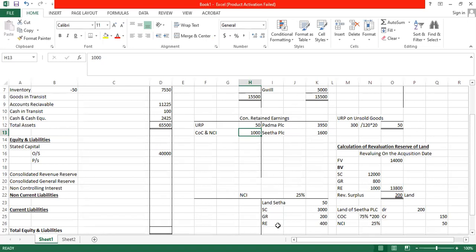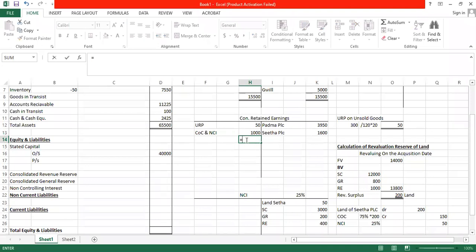And this retained earnings, the post-acquired retained earnings also credited here. So that part also we have to remove.